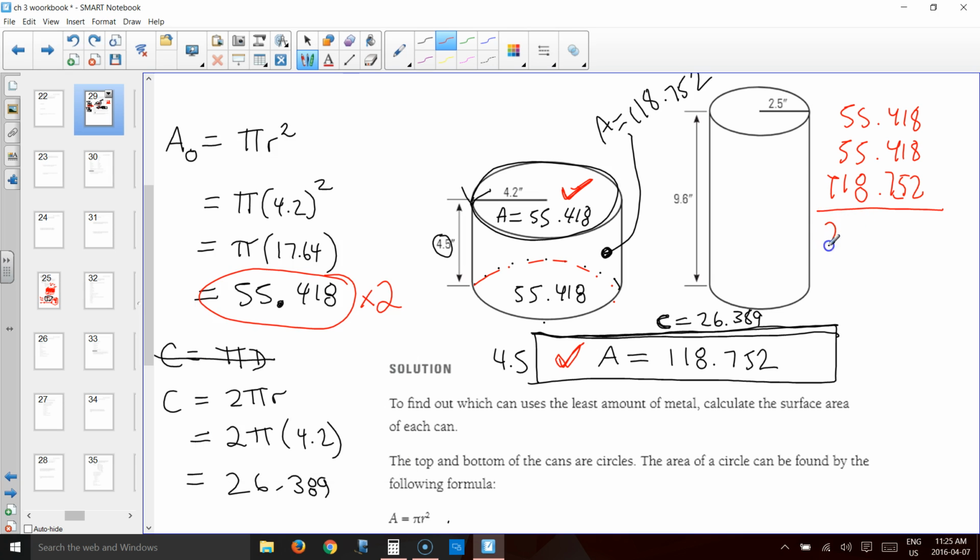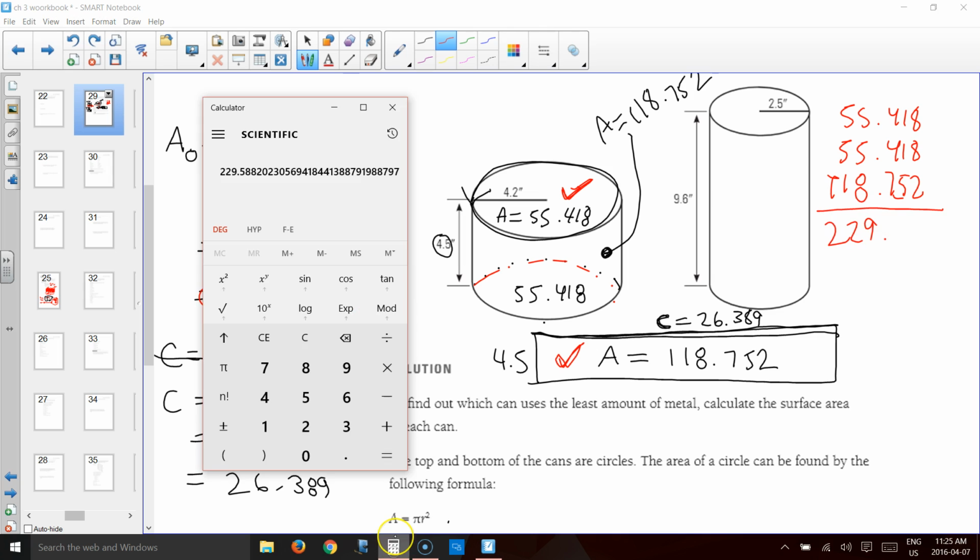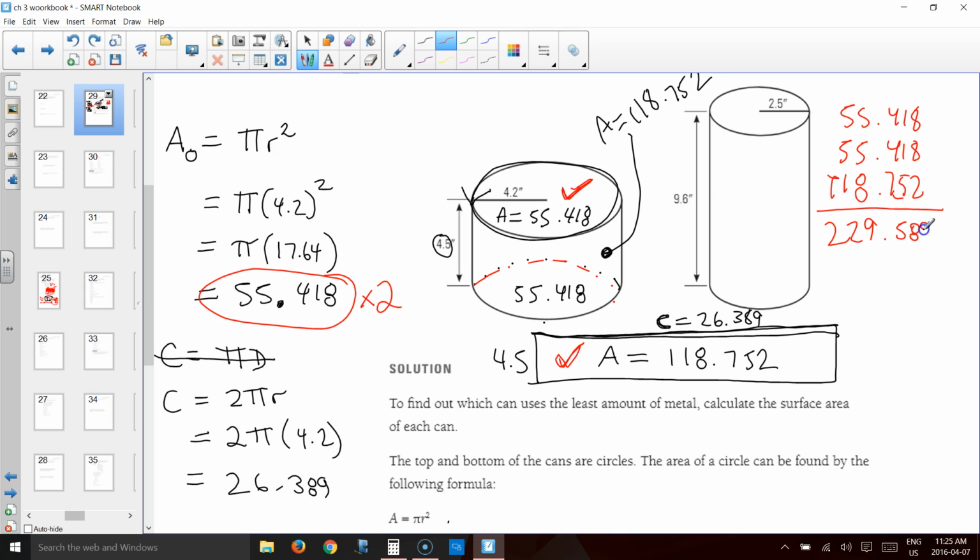And my grand total is 229.588. Okay. Basically, that is what this whole thing is. So I'm just going to put something on here and say total surface area of all sides is 229.588, and this is inches, and they are square inches.